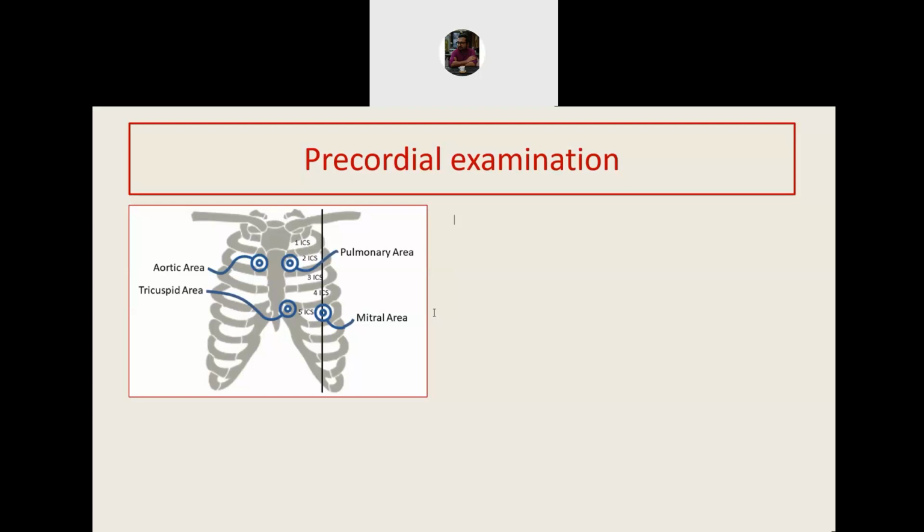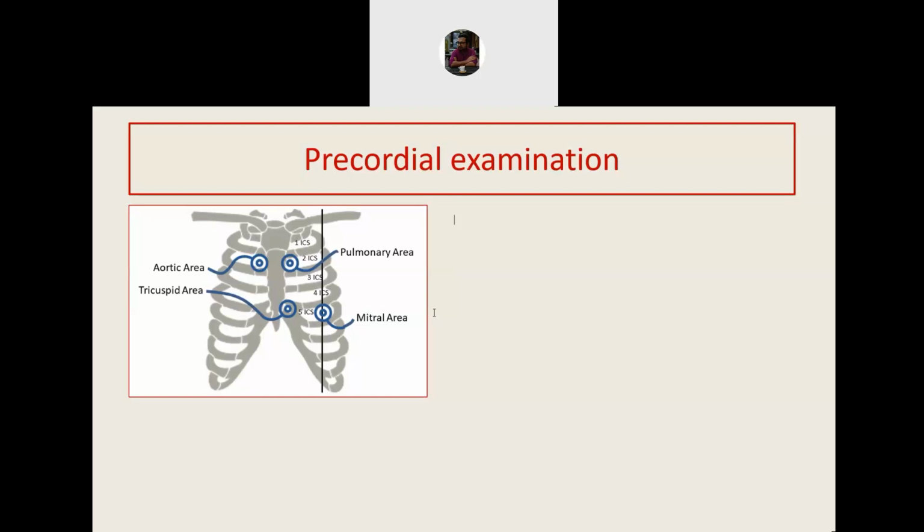For example, if you get a lower left parasternal impulse, you can also get a lower left parasternal heave, which is the palpatory finding. Now, coming to thrill, if you find that there is a murmur on auscultation, always make it a point to palpate that area. If a murmur is loud enough, it can also be palpated. And this palpable murmur is known as a thrill. Presence of a thrill means a murmur is a high-grade murmur.